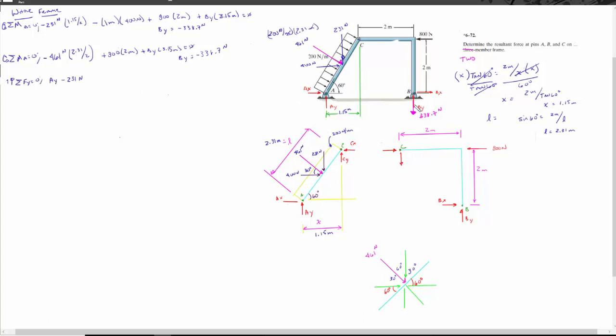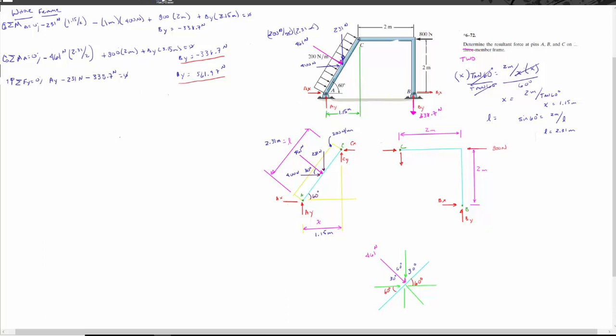And then my BY is actually also negative 338.7 newtons. That's all equal to 0. So AY then, that's a positive value. AY comes out to be 569.97 newtons. And I'm just going to go ahead and underline those. So we're assuming this was going up, it came out positive, so we're going to leave it up as well.